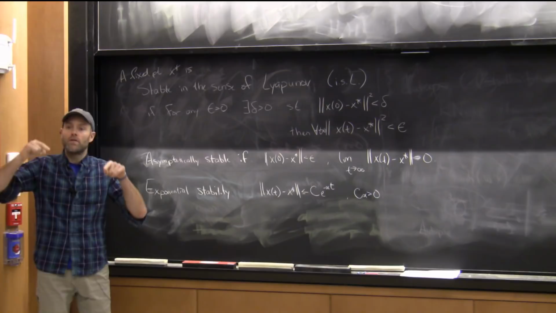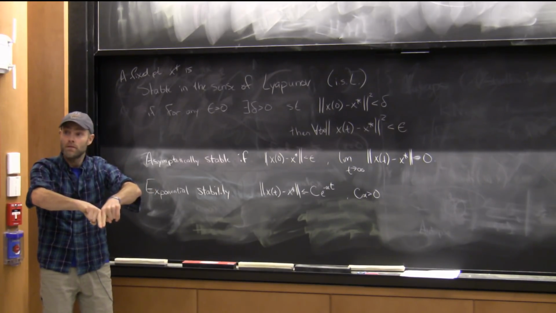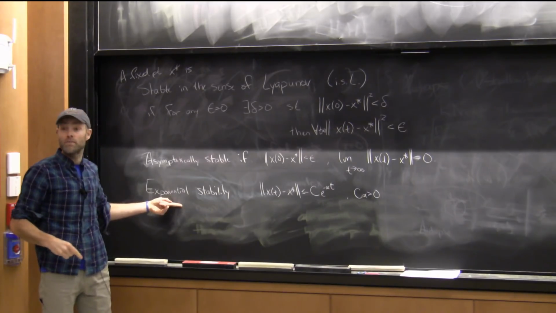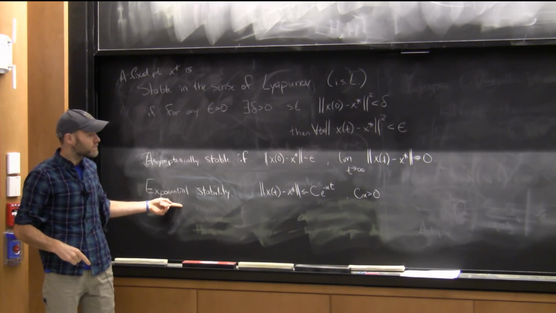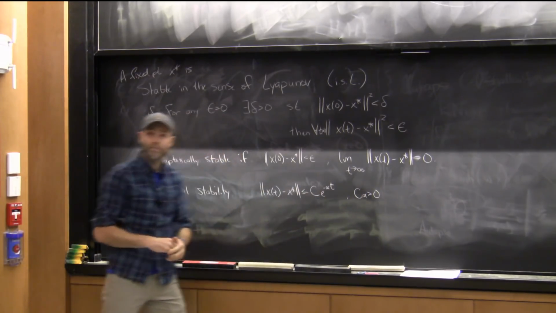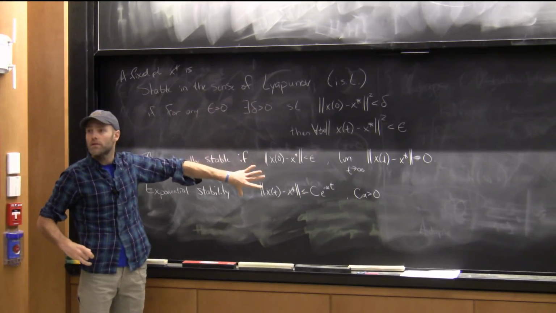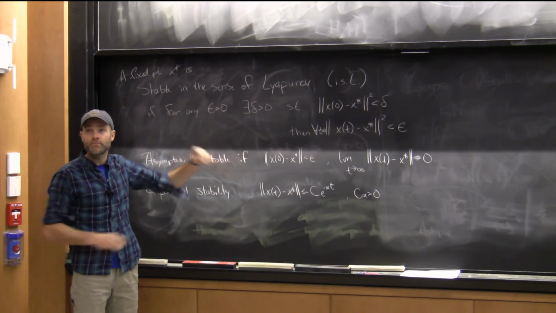So if you want to talk about it getting closer at some exponential rate, then you can use the language of exponential stability, where the rate is alpha, right? Is that notation clear? Are those ideas clear?